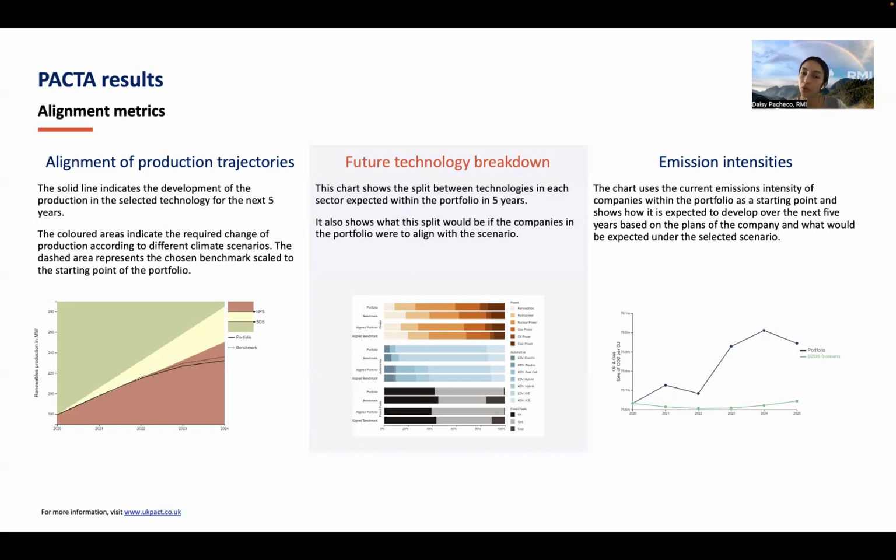So not the current exposure, but how this exposure will look like in 5 years according to the planned production values of the companies. Lastly, on the emissions intensities, this chart uses the current emissions intensity of companies within the portfolio as a starting point and shows how it is expected to develop over the next 5 years, based again on the production plans of the companies.